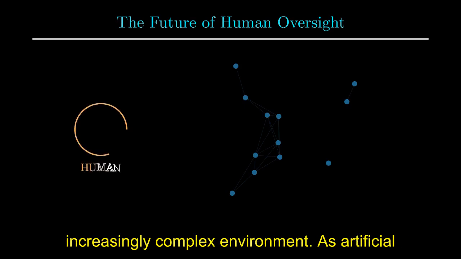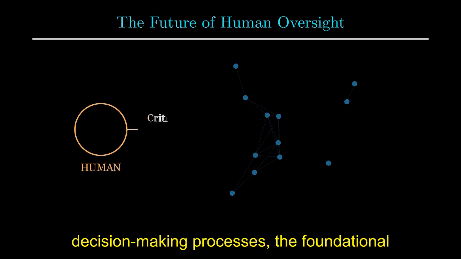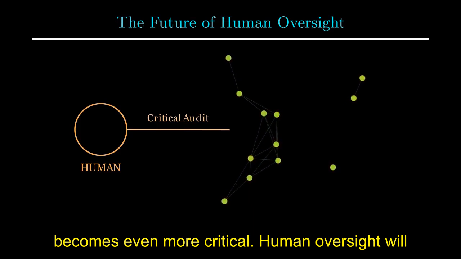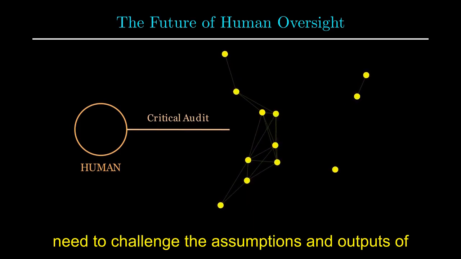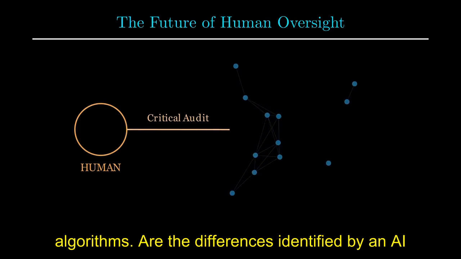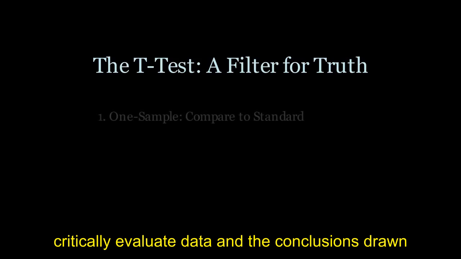As artificial intelligence evolves and automates more decision-making processes, the foundational understanding of statistical tests like the t-test becomes even more critical. Human oversight will need to challenge the assumptions and outputs of algorithms. Are the differences identified by an AI truly significant, or are they artifacts of the training data? The future of work, and indeed, the future of our society, will depend on our ability to critically evaluate data and the conclusions drawn from it.